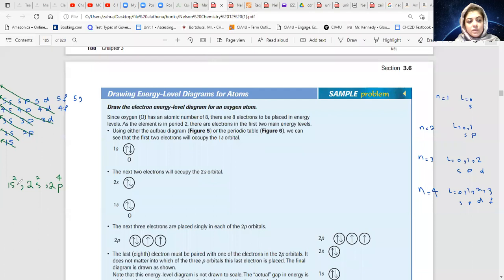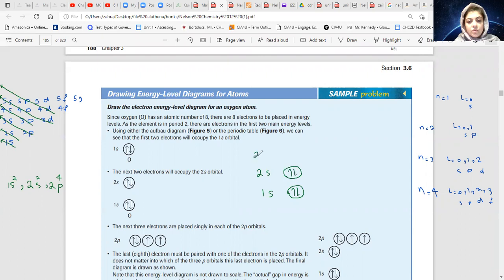The energy level, the lowest one is 1s. I just put a circle. This is my 1s. Here's 2 electrons on it. Means it's paired, right? One up, one down. Then it's going to 2s, so its orbital will just have one circle, and it's filled with 2 electrons.